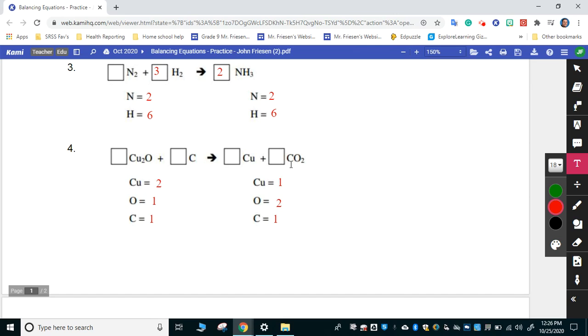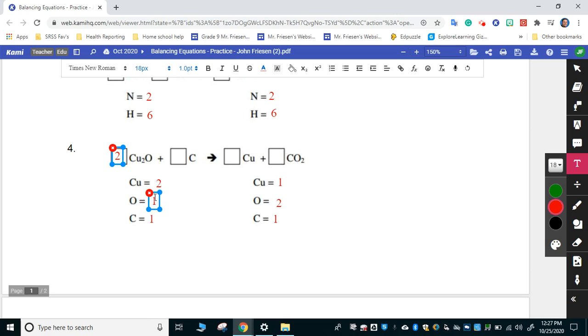First, we've got a 2 here. We want to make a 2 here. Well, let's wait a second because sometimes, let's see here. Let's balance this O on this side. So if we wanted to make it the same as this on this side, we'd make this a 2, right?